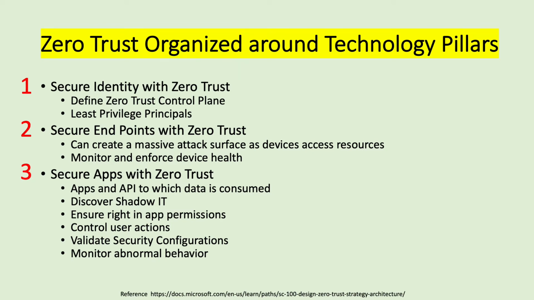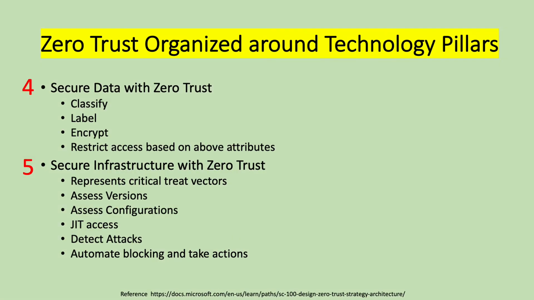We want to ensure the right applications have the right permissions, and control user actions on those specific applications. We want to validate security configurations, ensure there are no misconfigurations, and make sure we're not deviating from any of those baselines. And again, that common theme about monitoring, telemetry, logging: we want to monitor the abnormal behavior of those applications.